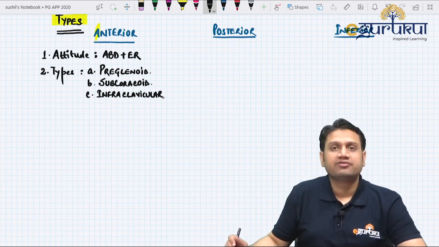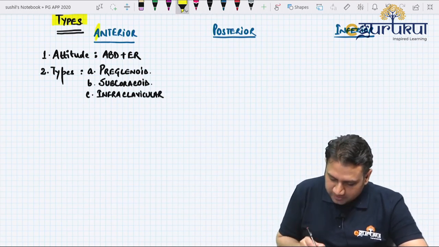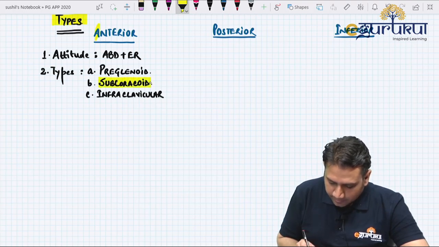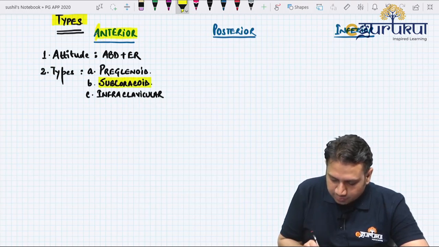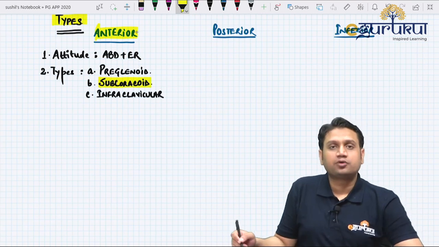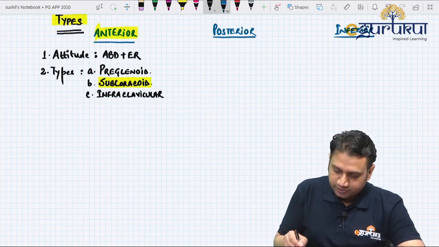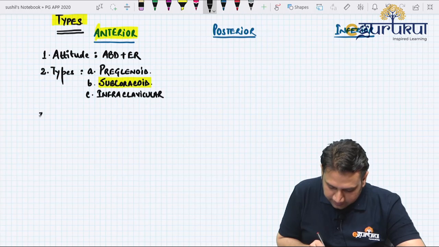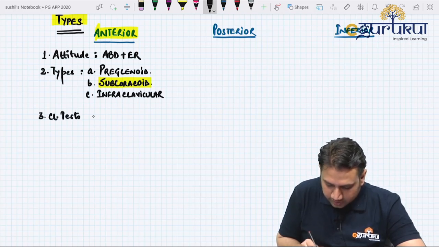Out of these, the commonest one is subcoracoid, right? So anterior dislocation is the commonest of the 3 types of shoulder dislocation, and subcoracoid is the commonest type of anterior dislocation of the shoulder.